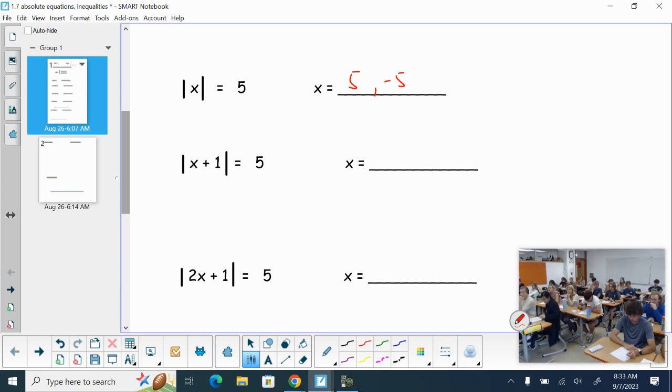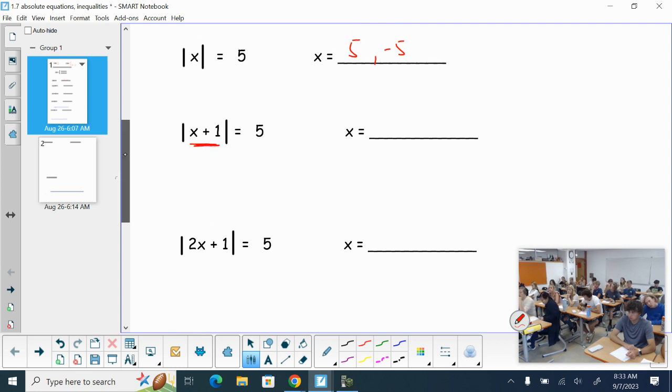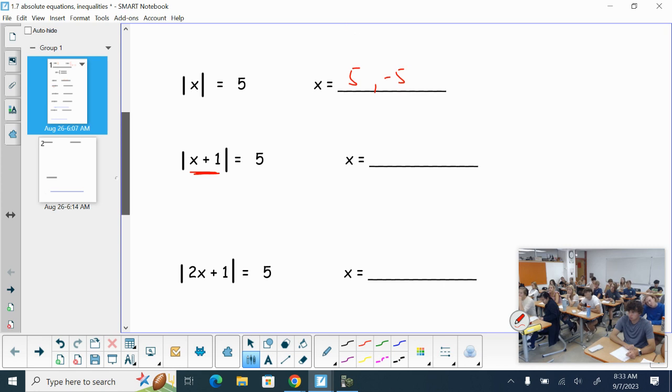But let's take a look at this a different way. What we said in our previous problem is that the value inside this absolute value has to equal 5, or the value inside the absolute value has to equal -5.